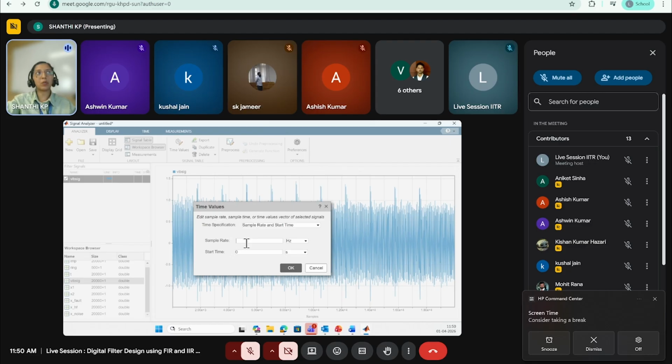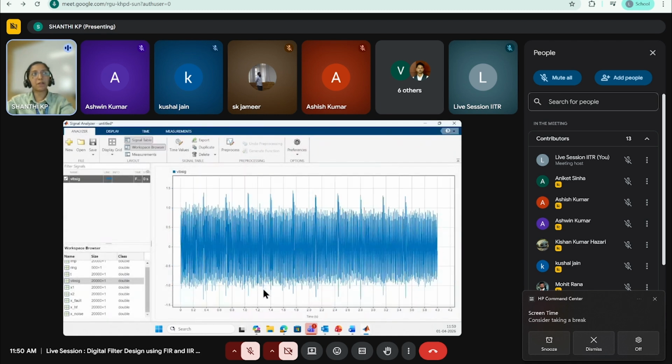We already know the sample rate for this generated signal, right? The sample rate was 5000 Hertz. So we'll enter 5000 Hertz here, let the start time be the default, which is 0 seconds, and click OK.